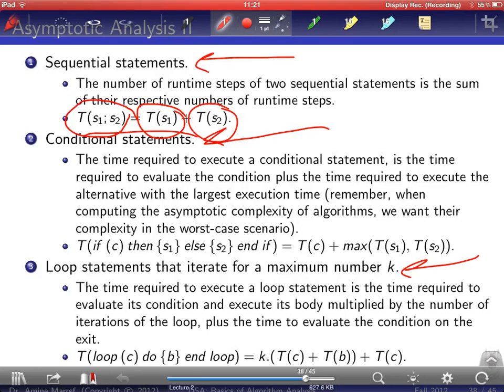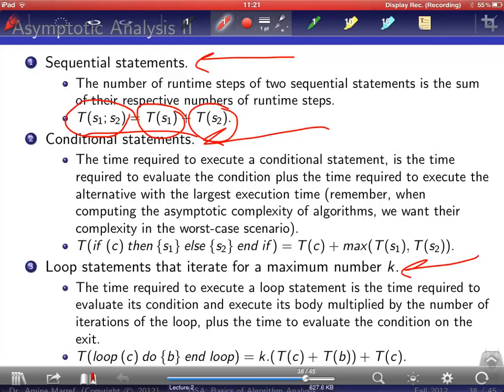If you have a part which is one single statement and another part which unfolds to many statements at runtime, like a loop, then this is the one that we are interested in. So this is why we take the maximum, we take the largest one. So TC plus the maximum of either this or this, and in this case it's TC plus T of S2.